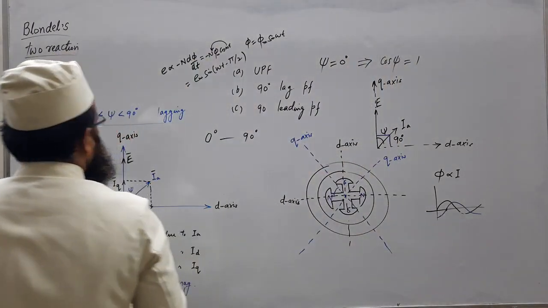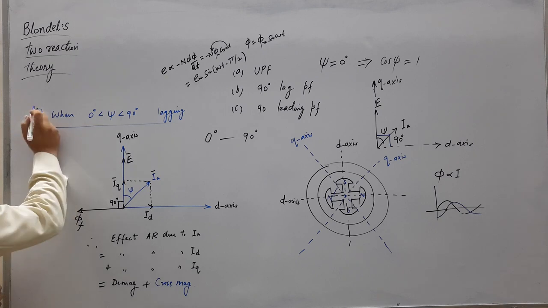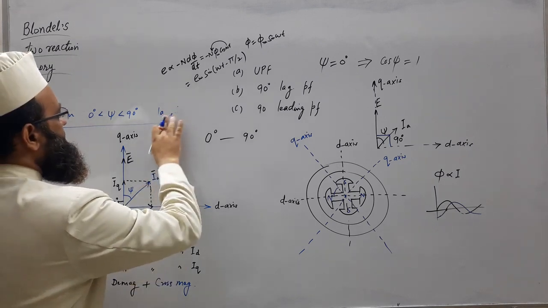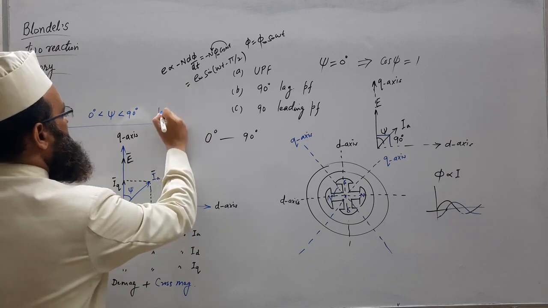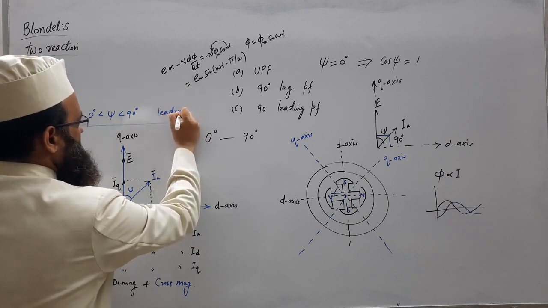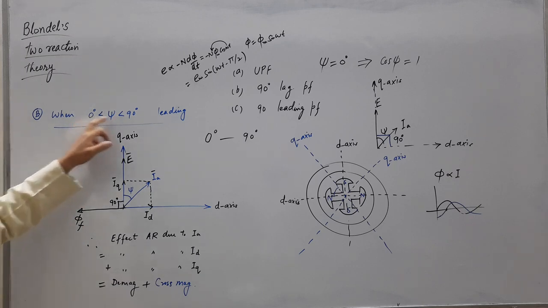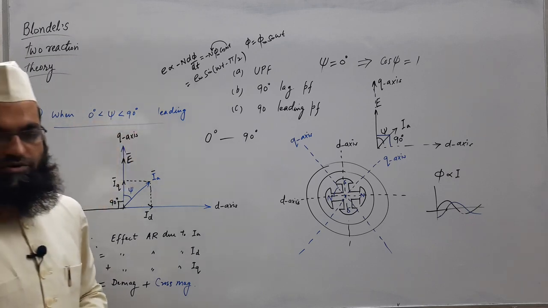So, let us take the second case, case B, leading, not lagging. This time let us take that the internal power factor angle is between 0 and 90 degree, leading.